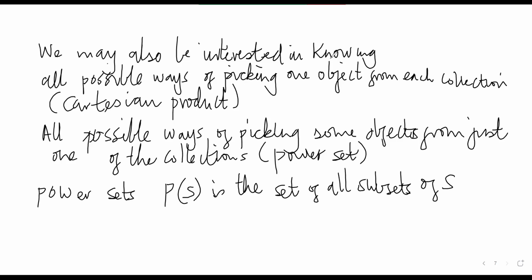So the power set of S is the set of all subsets of S. We'll explain with an example down there. We have looked at what a subset is. So if you're given elements in a set, the power set is the set of all subsets of S. Get all subsets in a set S. That gives you the power set of that set.